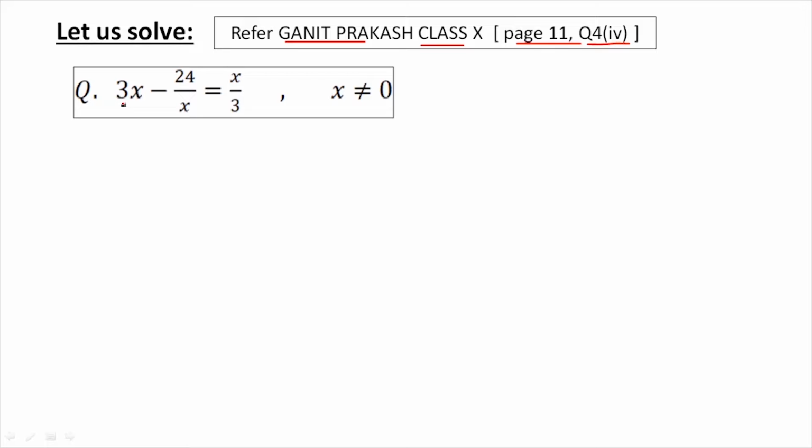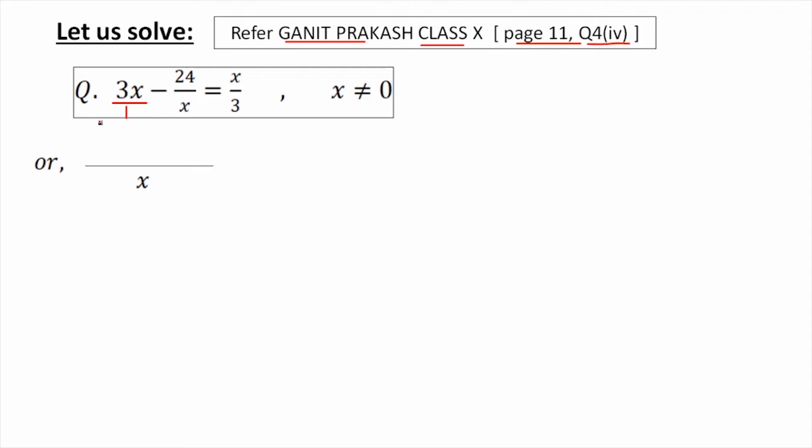What is the number beneath 3x? It is 1, so there is a 1 in the denominator of 3x. What is the LCM of 1 and x? It is simply x.